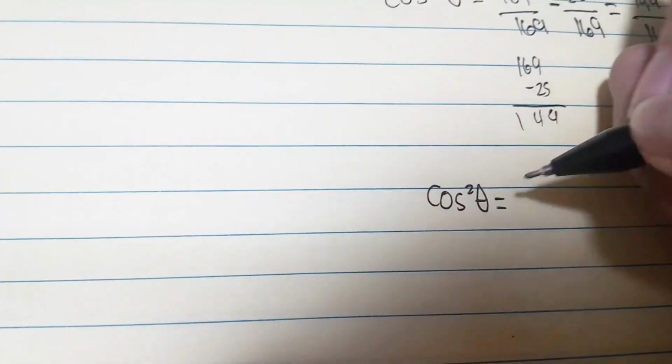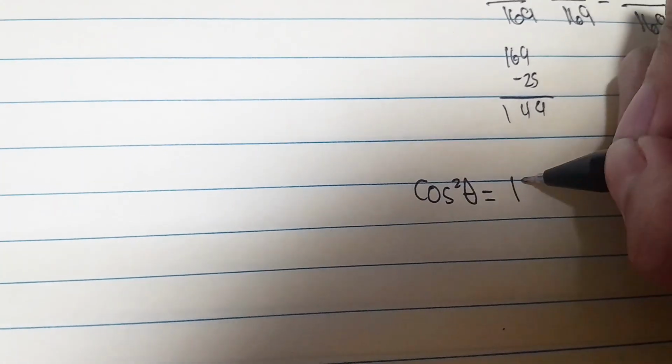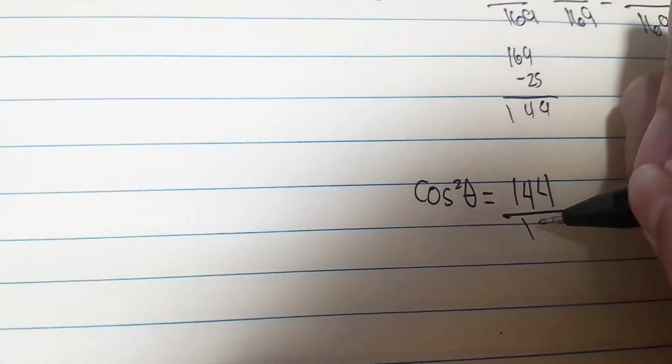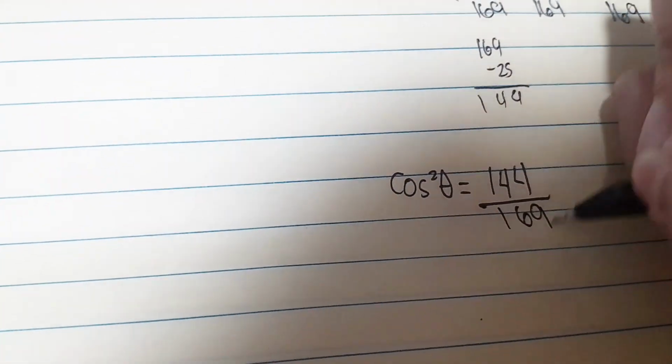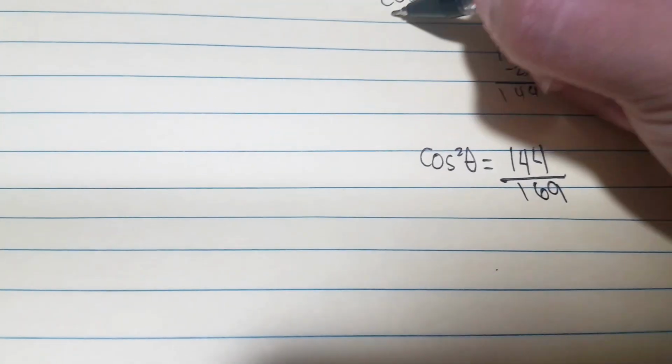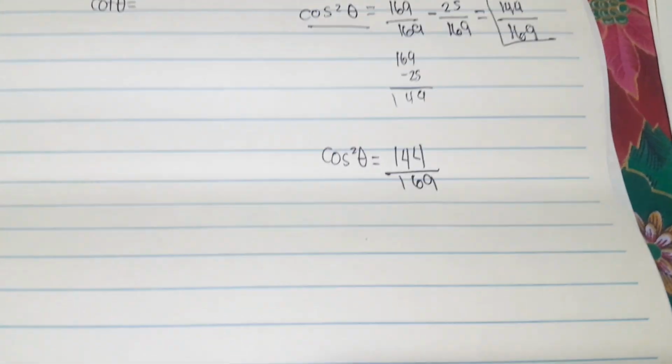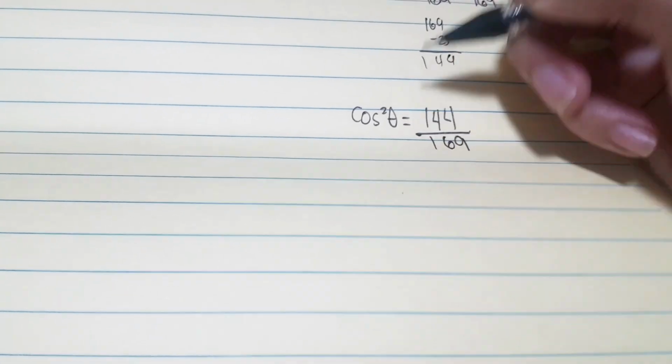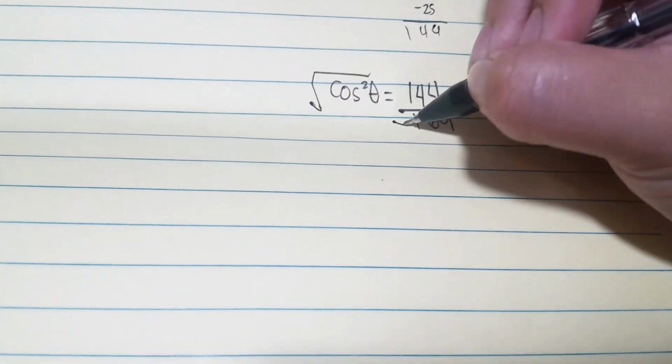So, cos squared theta is equals to 144 over 169. Ito yung nakuha nating sagot kanina. Lagay lang natin. Yan. Then, para matanggal yung squared natin ngayon to.